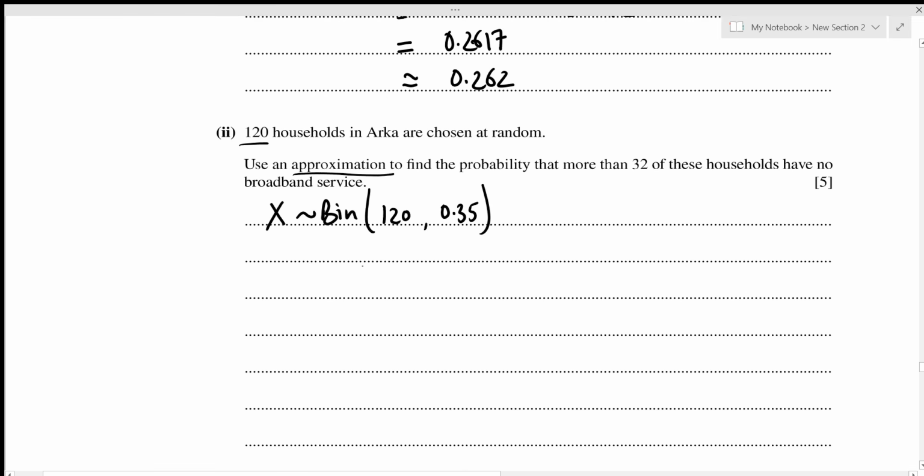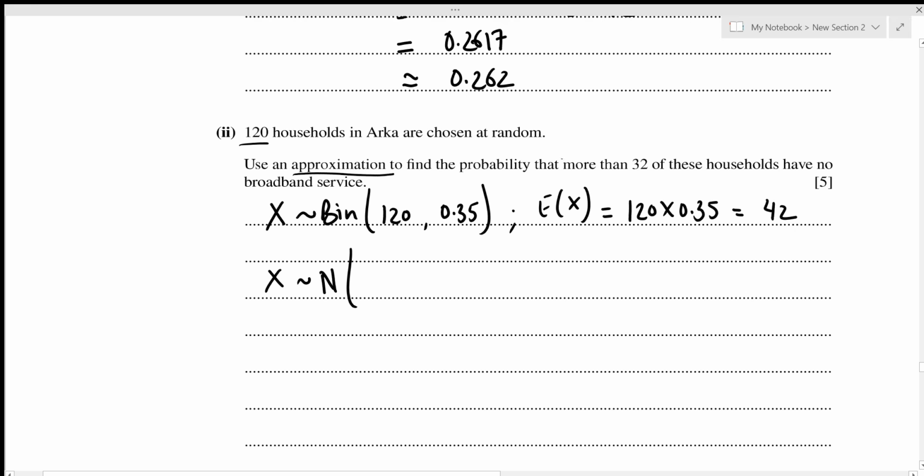In order to convert a binomial distribution into a normal one, we need to figure out its parameters. And we know that the parameters of the normal distribution are the mean and variance. So let's figure out the mean first. The mean for a binomial distribution is n into p. In this case, that's 120 into 0.35, which gives us 42. That's going to be the mean value.